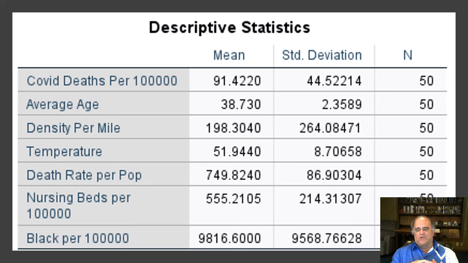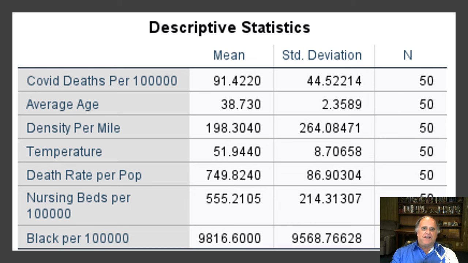So here's some descriptive statistics from our data set. COVID deaths per 100,000. The mean is about 91 deaths per 100,000, with a standard deviation of 44. A pretty large standard deviation, you'll note. The average age, now this is not the average age of death, this is the average age of people in the state.